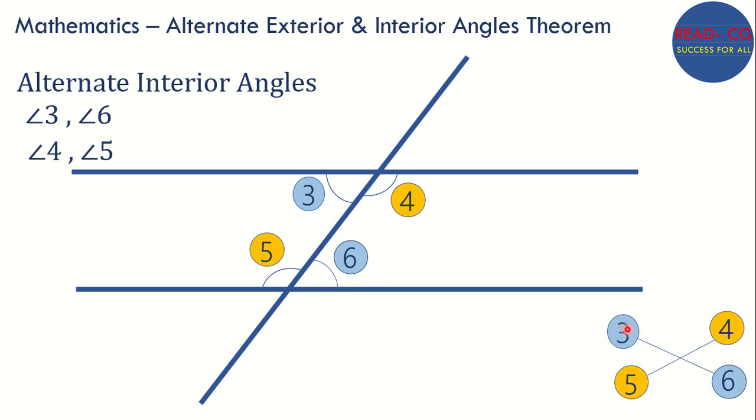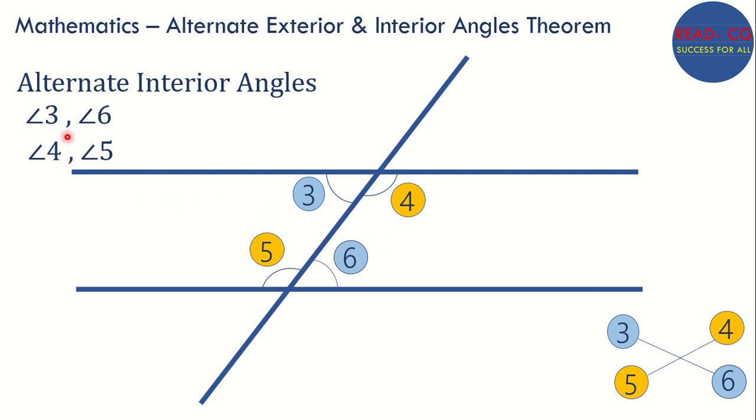So here angle 3, angle 6, these two angles known as alternate interior angles. Similarly, angle 4, angle 5, these two angles known as alternate interior angles.